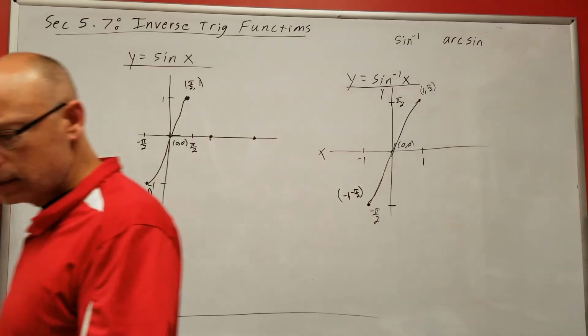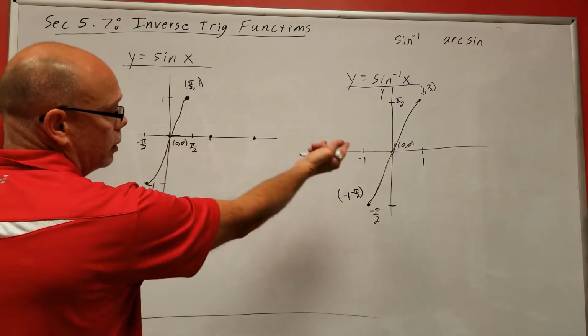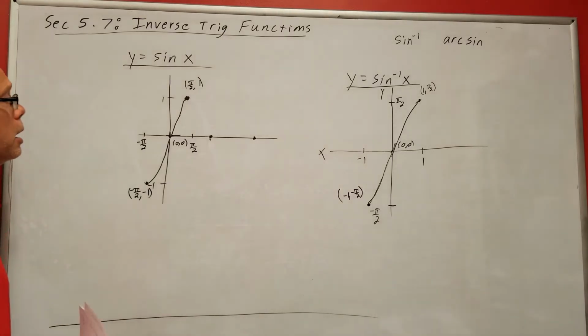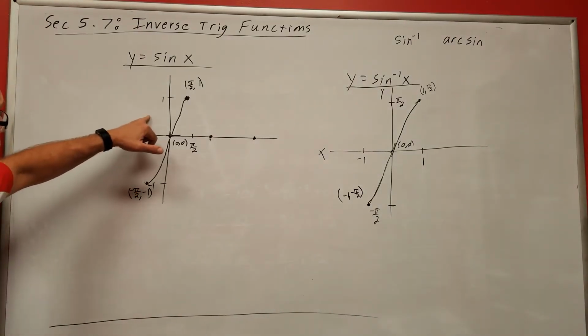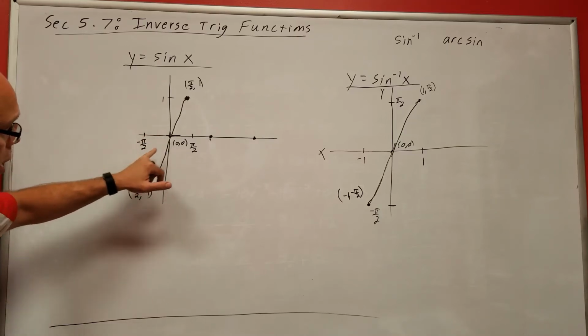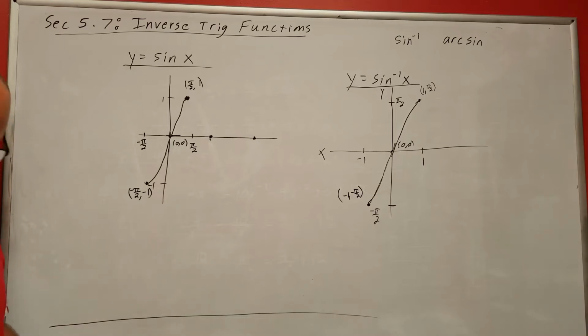You can go online and look at pictures of the inverse function, okay? But know that you get it by inverting the what? The ordered pairs. And also that you have to restrict the sine function between negative pi over 2 and pi over 2 to get the inverse sine function.